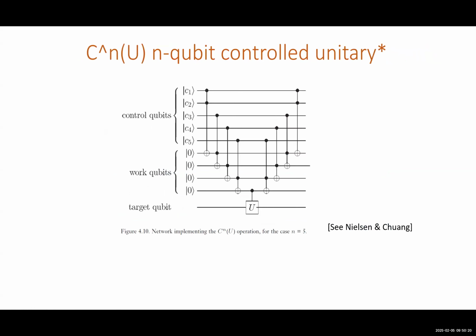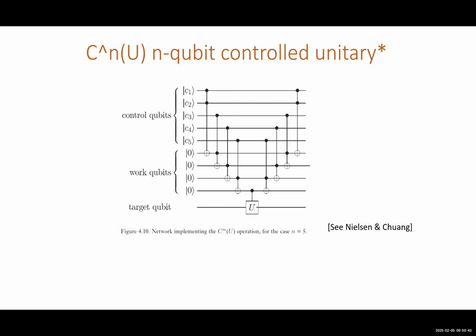Okay. So as I said, if you don't use ancilla, it's going to be very difficult to control arbitrary rotation with multiple controls. But this is from Nielsen and Chuang: if you have additional qubits that allow you to do this more efficiently, you just use Toffoli gates.